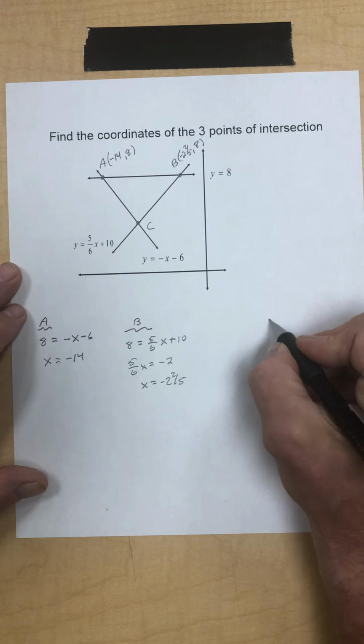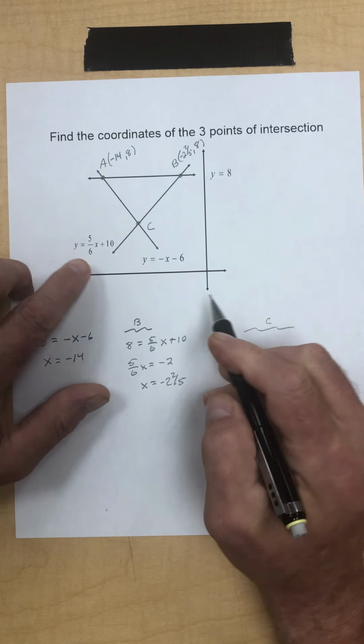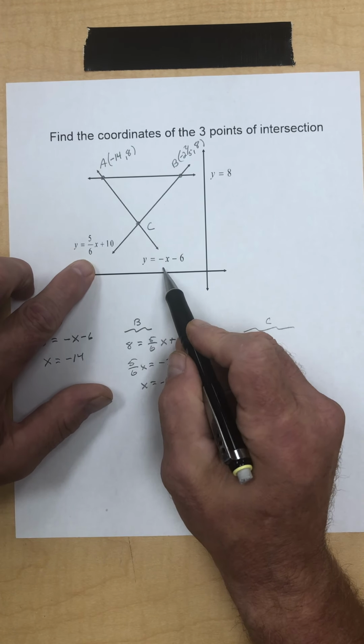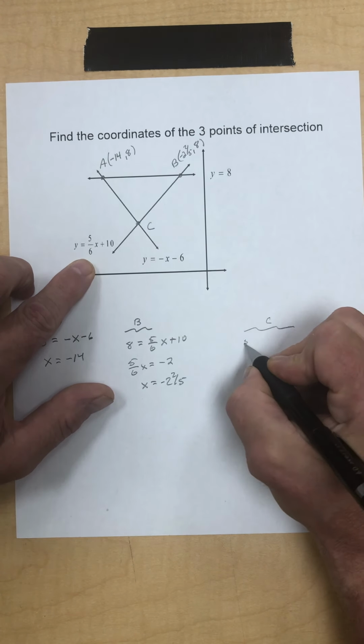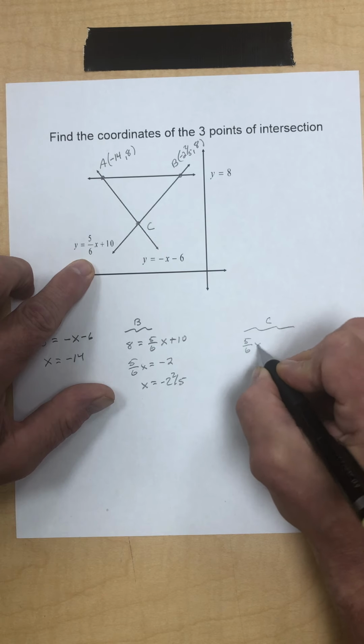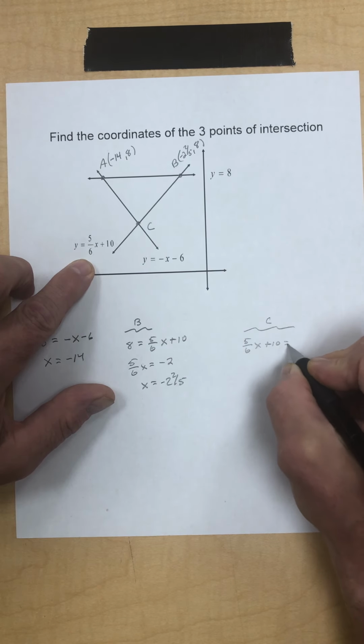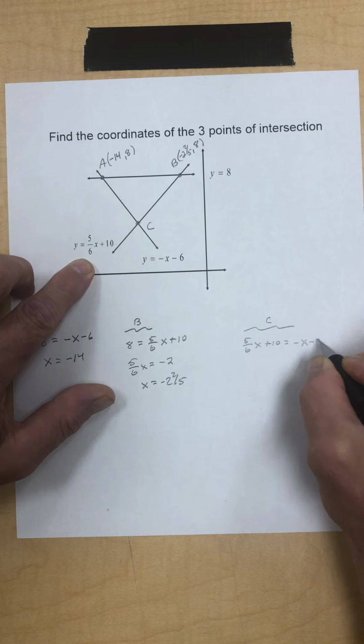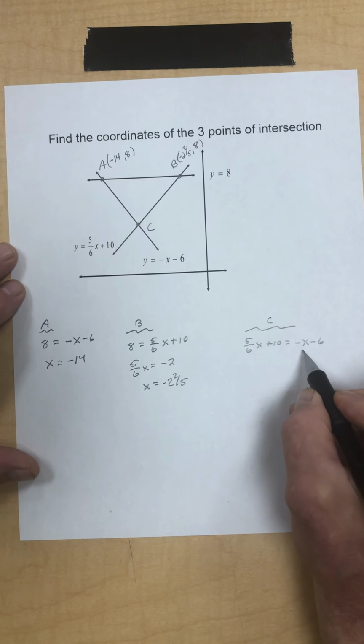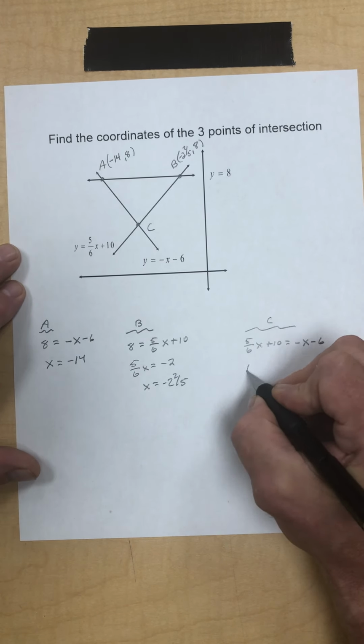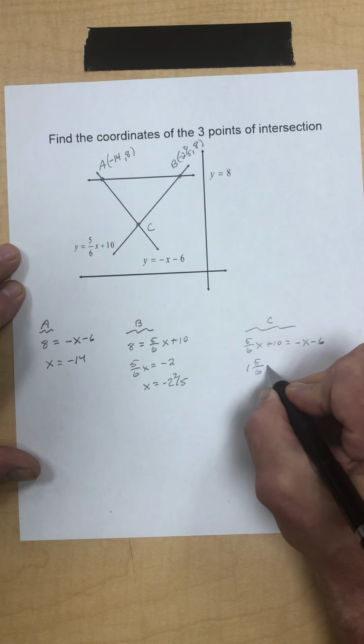All right, so C is going to happen when these two lines intersect. So set them equal to each other and see what happens. 5/6 x plus 10 equals negative x minus 6. If I add 1x to both sides, that gives me 1 and 5/6 x.